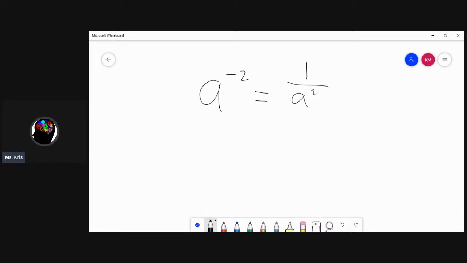So whenever you're taking your negative exponents and making them positive, you always place it under 1.